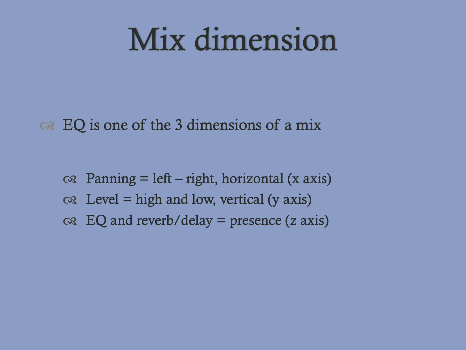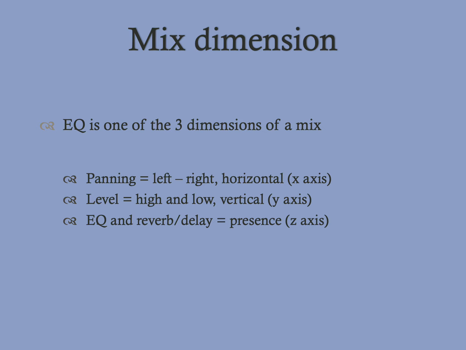So as we mentioned in the first week, EQ is one of the three dimensions when we consider what a mix is. The left and the right being the x-axis, using the panning in a stereo situation to shift an image around from left to right on the horizontal x-axis.